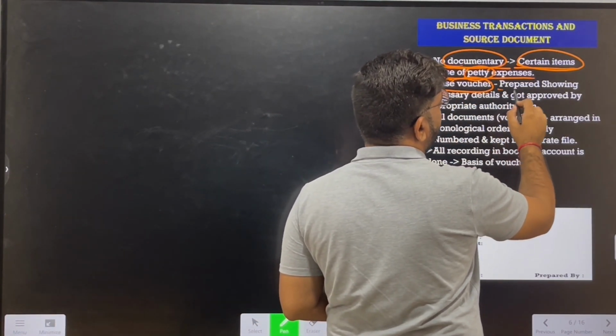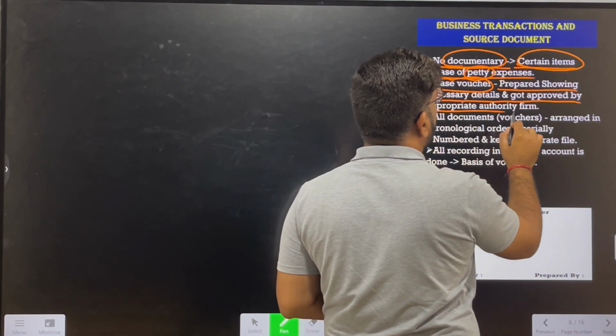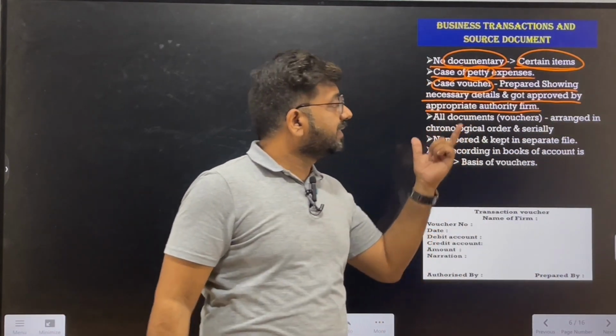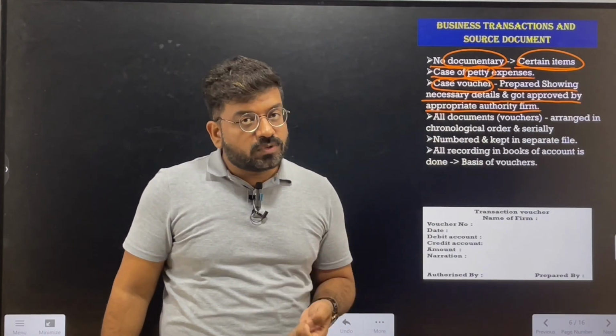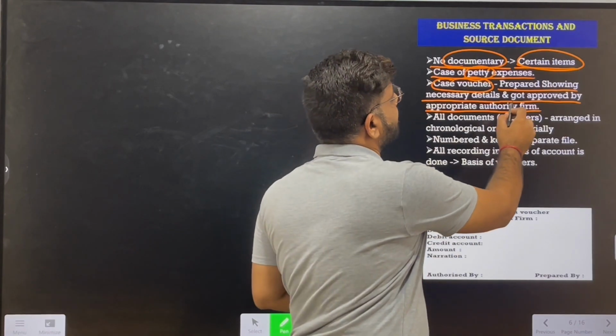Okay. Next, cash vouchers. Cash vouchers are basically prepared showing the necessary details and approved by the appropriate authority of the firm. So basically the cash voucher is prepared by the person who is making that voucher, and it is approved by the higher authority. Obviously, there is a countersign, a sign by the higher authority person to acknowledge, yes, this transaction took place.